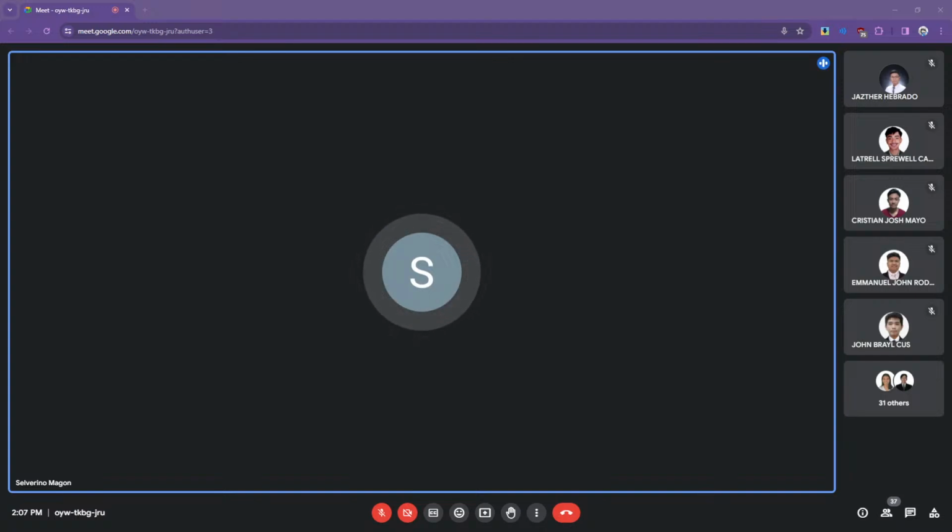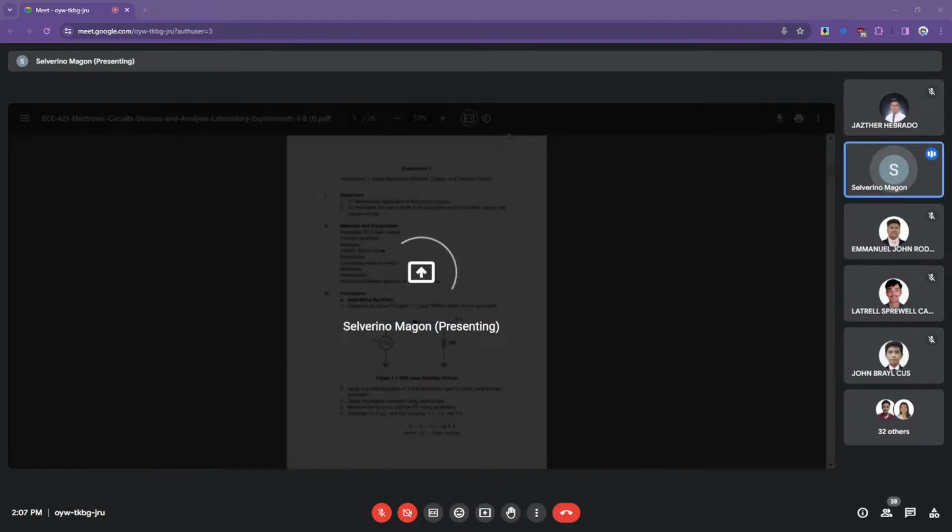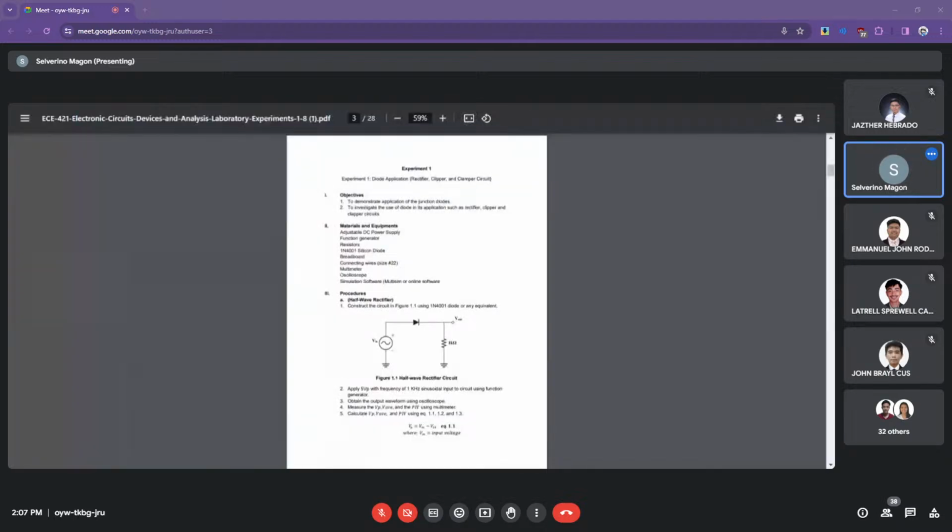So we will start with the lab activities, beginning with experiment one for this week. The activities you're going to perform, following the instructions, in your own time.